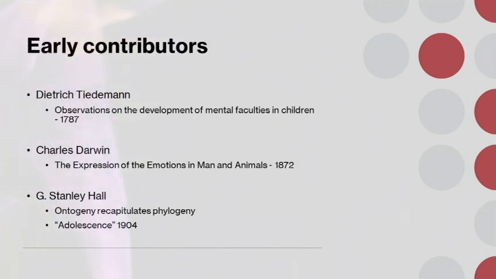And this was a bit of a surprise to many people, because there was some concern, hundreds of years before, for children, and that had grown, but adolescence was still not really recognized as its own distinct phase. And G. Stanley Hall was part of that. So all of the baby diaries of Dietrich Tiedemann and Charles Darwin and the more formal work of G. Stanley Hall really laid some of the foundations for our lifespan development.